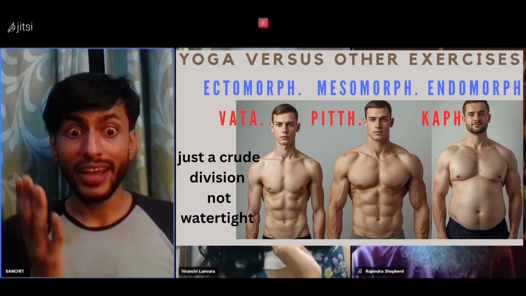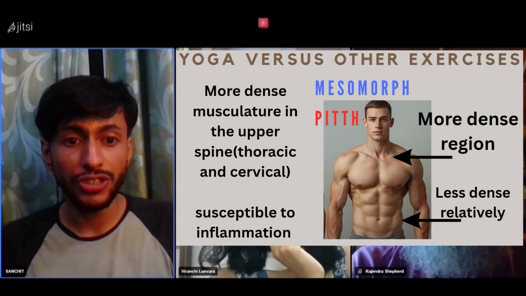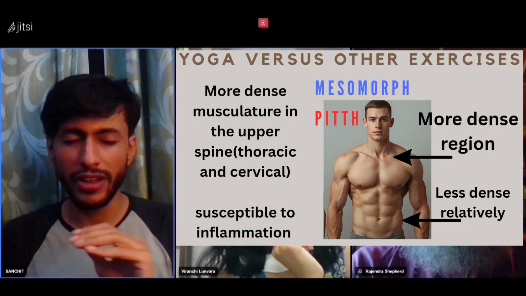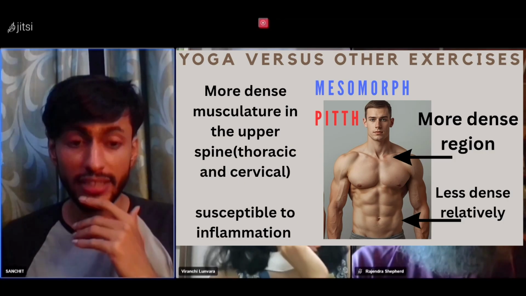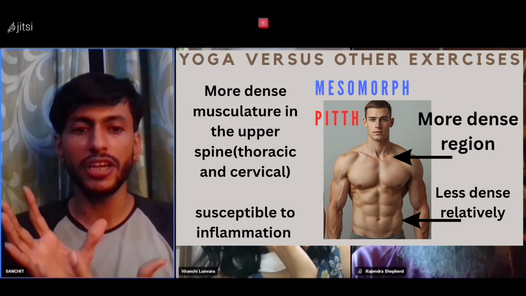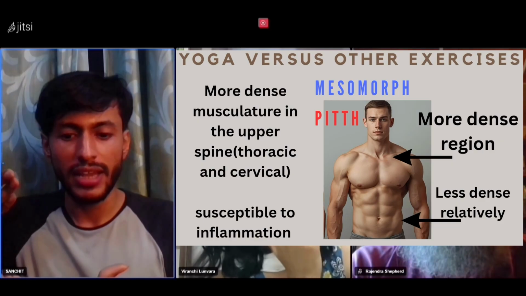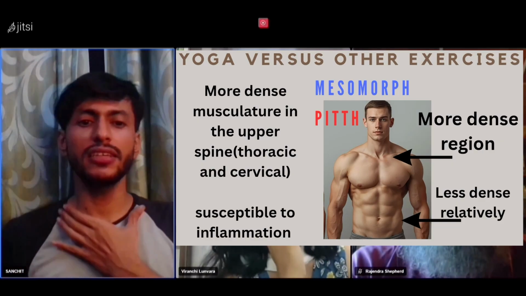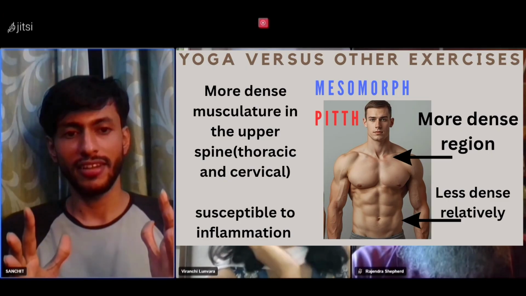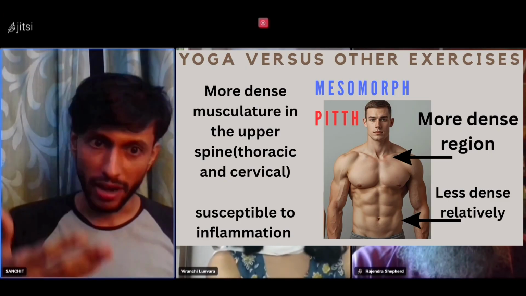So if you look at what exactly an endomorph, ectomorph, or mesomorph is: a mesomorph, for example, like most of the really influential Instagram influencers who look very beautiful and seem like they know what they are talking about. If you look at them, the musculature of the upper parts of the spine, that is the thoracic spine and the cervical spine, will be really dense and thick compared to the lumbar spine.